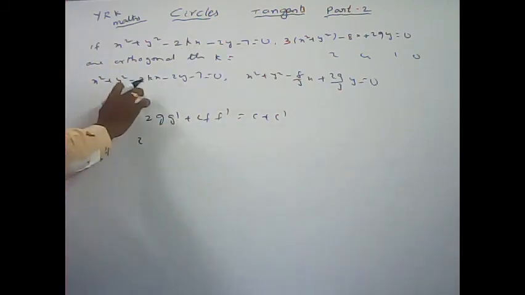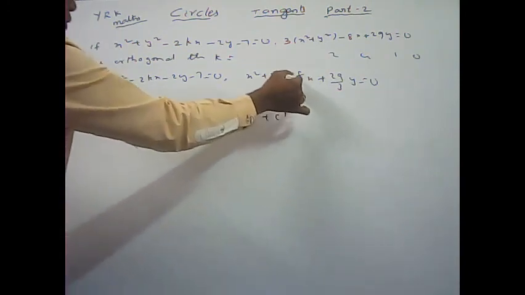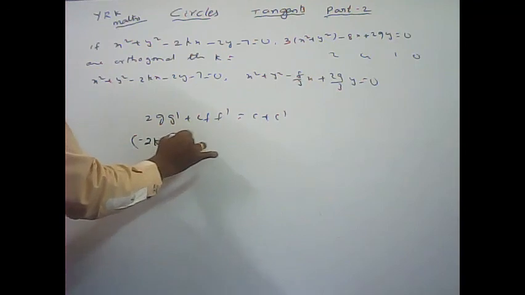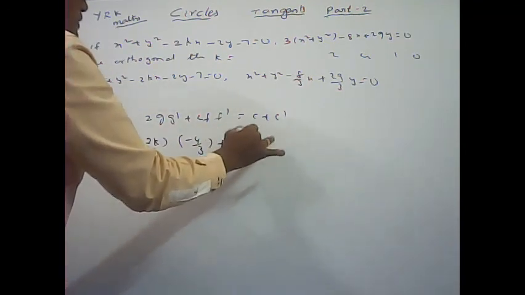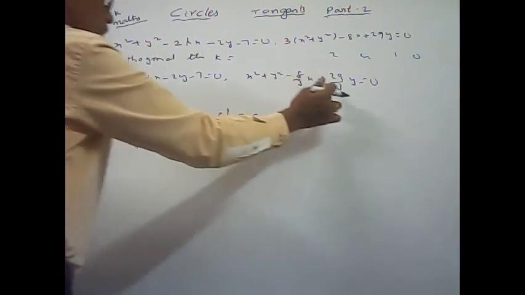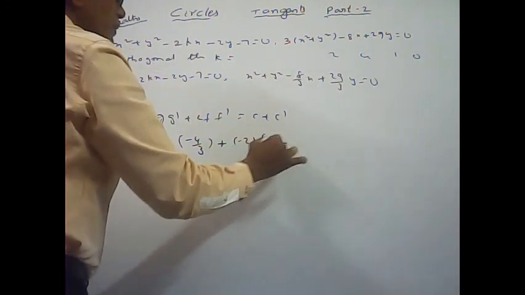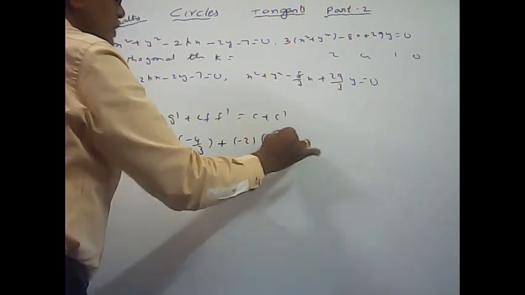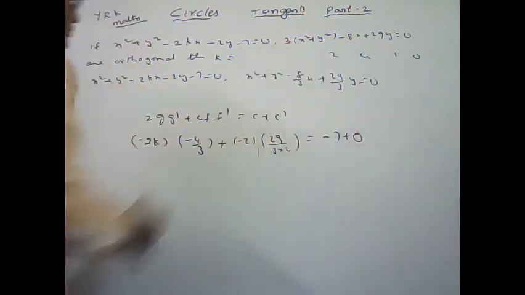For 2gx, here we can write directly g as minus k, and g dash is half of that, minus 4 by 3, plus 2f, I am writing here minus 1 for the y term, and f dash is half of 29 by 3, is equal to c plus c dash.